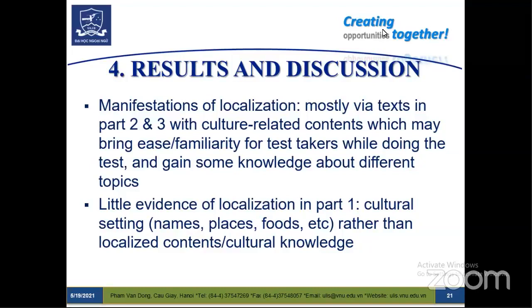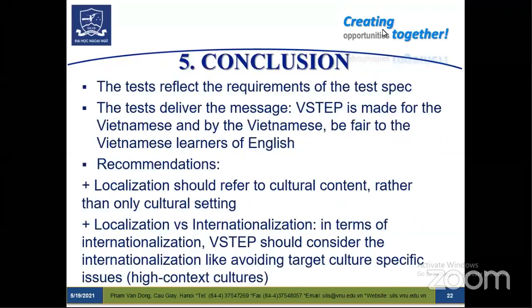It can help bring ease and familiarity for test takers while doing the test, and help them gain some knowledge about different topics. However, there is little evidence of localization in part 1, which just has a cultural setting rather than localized content or cultural knowledge. And actually, this reflects the requirement of the test spec.